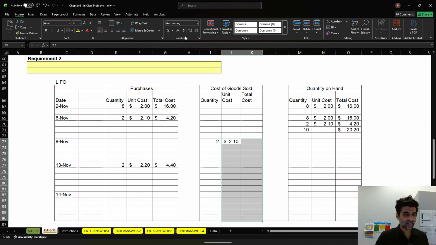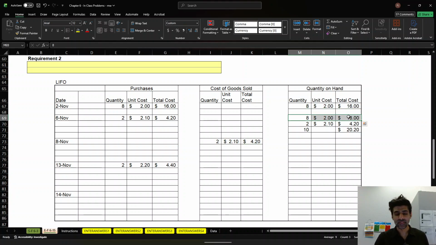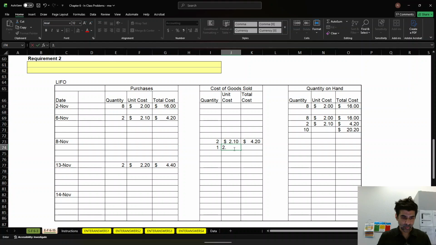$2.10 units. So we're going to clear that layer out and then move to the next newest, which is this. There's only 2 layers. So we clear this one out as much as we can, and we move to this one. So we only need 1 more from this $2 layer because we're only selling 3 units. So the total cost of goods sold that we're going to have in our journal entry is $6.20.